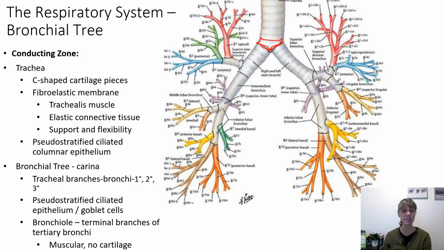The bronchial tree is also lined with pseudostratified ciliated columnar epithelium and goblet cells, and the terminal branches of the tertiary bronchi are going to turn into what are known as bronchioles, and the bronchioles are completely muscular. They're smooth muscle, there's no cartilage involved.